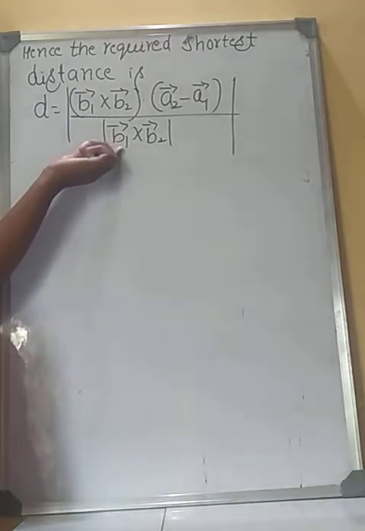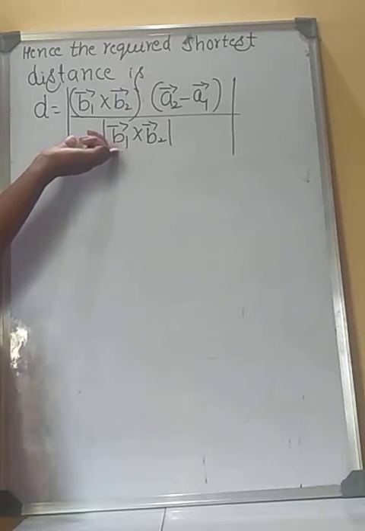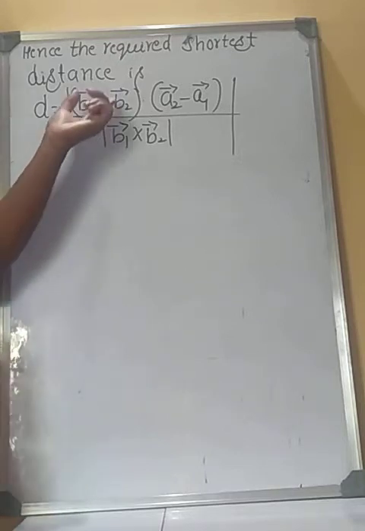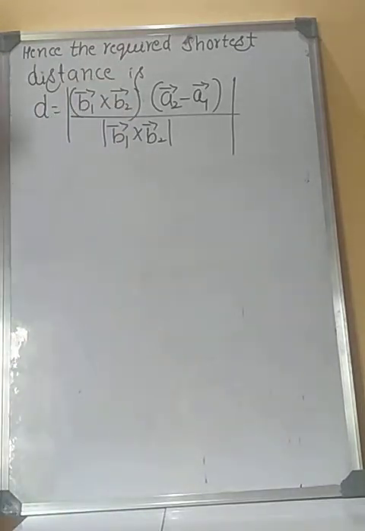This is the vector form of the distance between two skew lines.